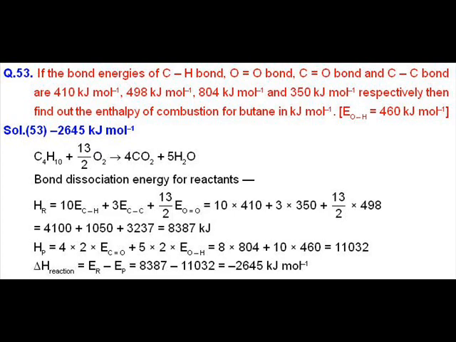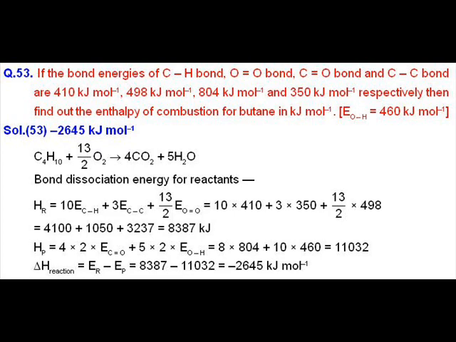First of all, we will write down the reaction of combustion of butane, and the reaction will be C4H10 plus 13 by 2 O2, and the products will be 4CO2 plus 5H2O. Now, on the reactant side, we have to provide energy in order to break the bonds. So the energy that we have to provide will be equal to the energy to break the C-H bonds.